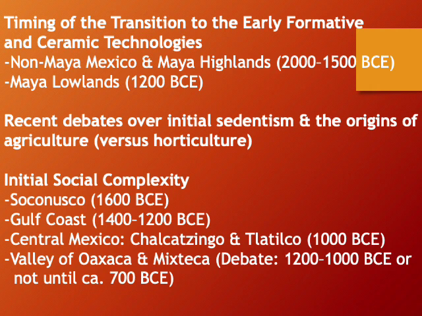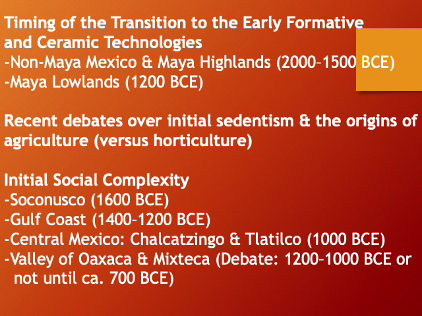If you're born into a status, an elevated social status, rather than having to achieve it yourself, you probably live in a different kind of society, one we would call hierarchical, with ascribed hierarchical inequality. That type of social complexity appears to have happened first in the Soconusco region of Pacific coastal Chiapas and Guatemala, going back to about 1600 before the Common Era.